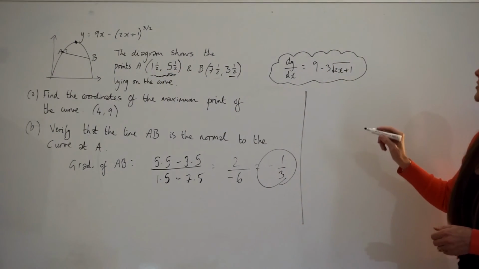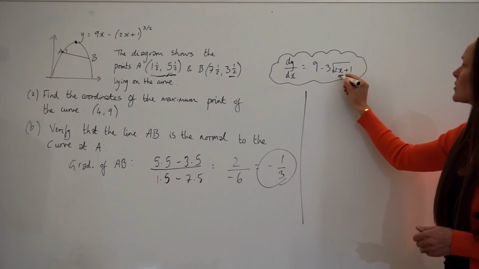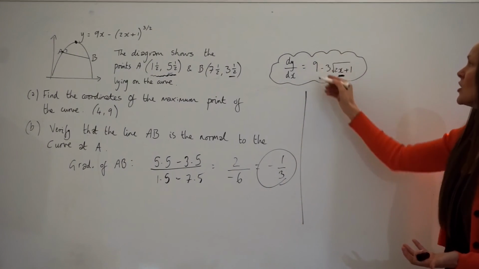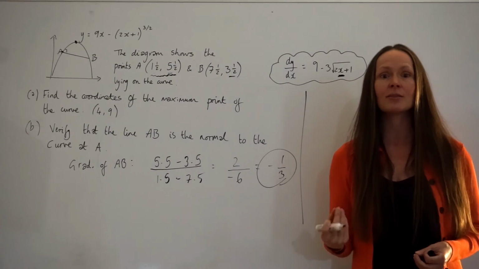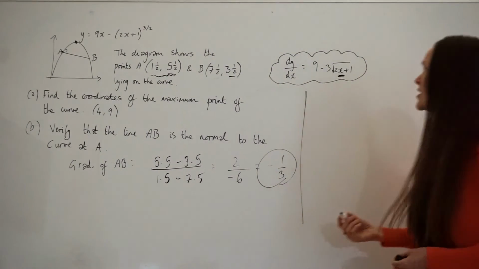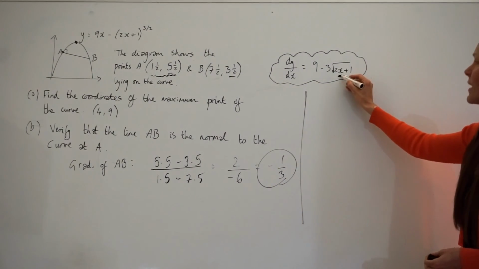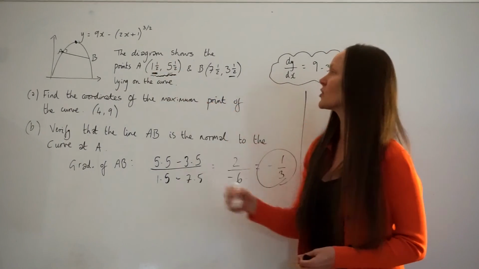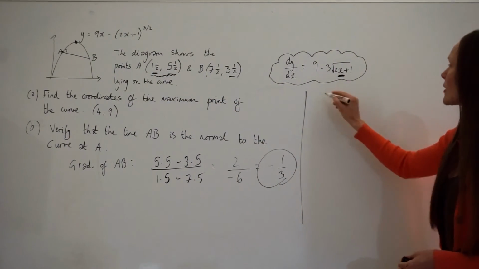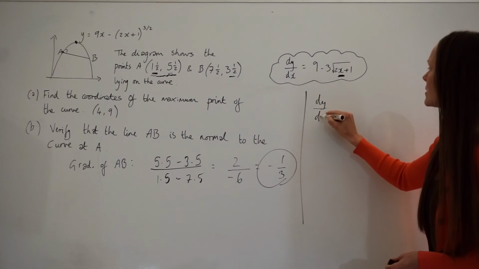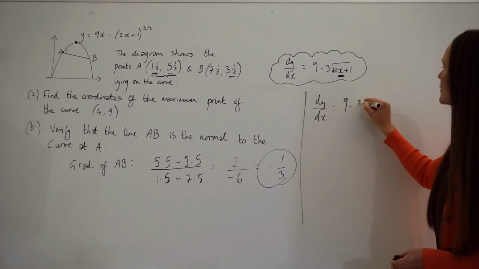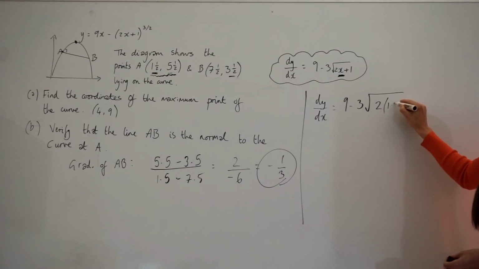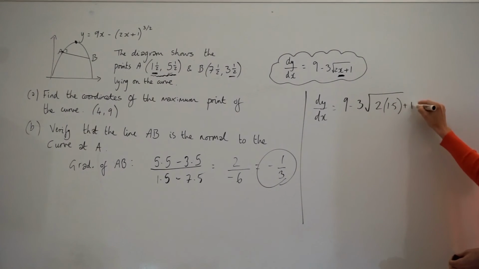So what I can do is substitute the x coordinate of A into our expression here, dy by dx, to work out the actual gradient of the curve at point A. So I'm just replacing the x value with 1.5, as that is the x coordinate at point A. Okay, so dy by dx becomes 9 minus 3 root (2 multiplied by 1.5 plus 1).